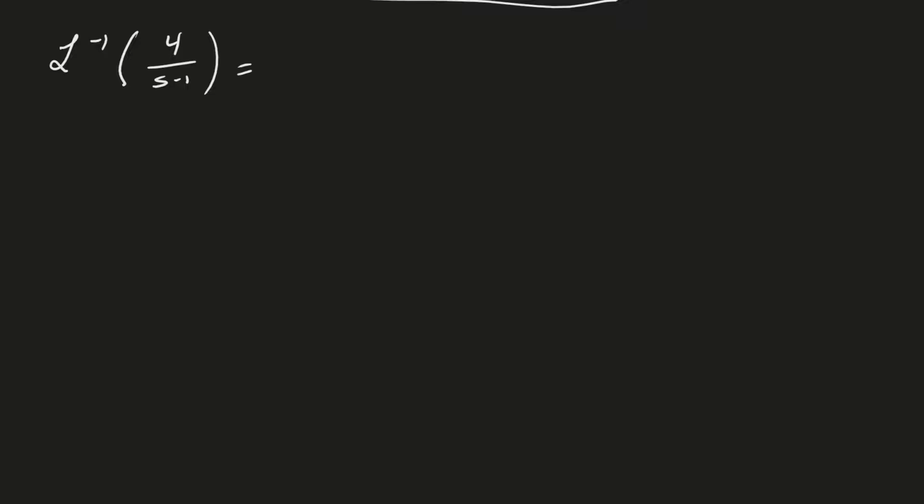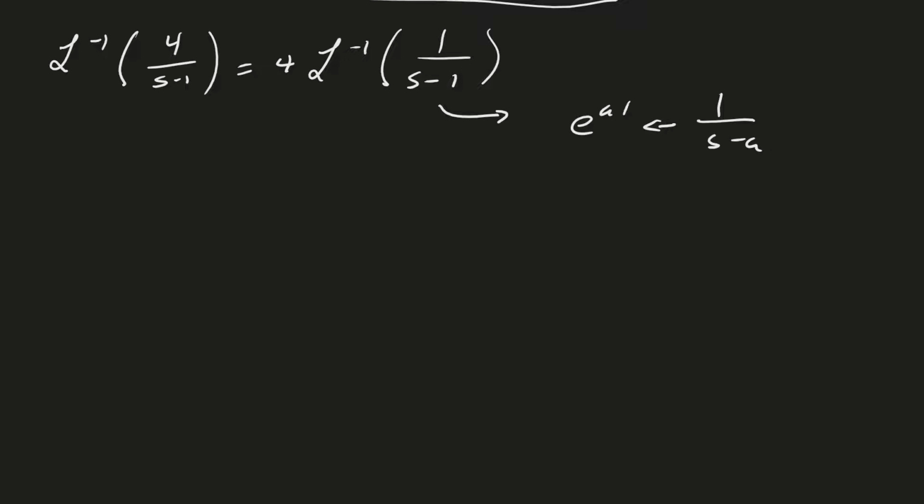We could write that as 4 times the inverse Laplace transform of 1 over s minus 1. Now if I look at the table, I see 1 over s minus a goes to e to the at. So in this case, the inverse Laplace transform will be 4 times e to the t.